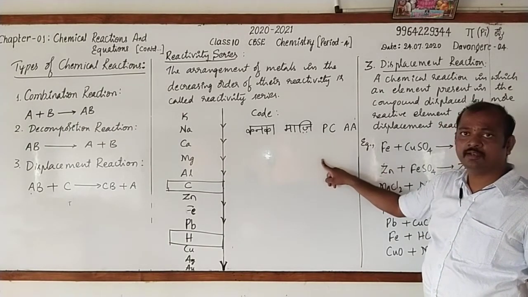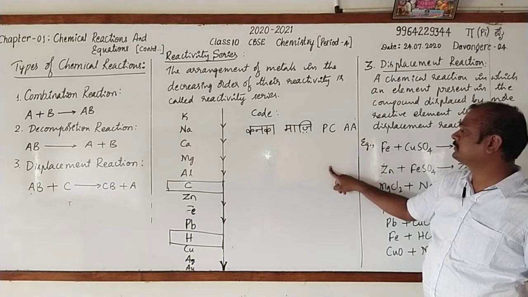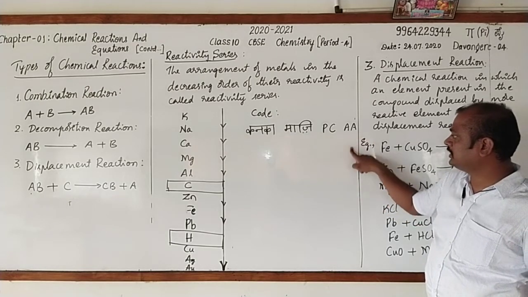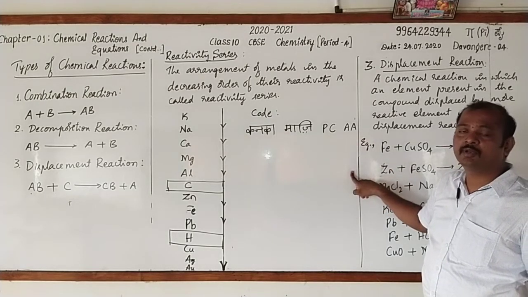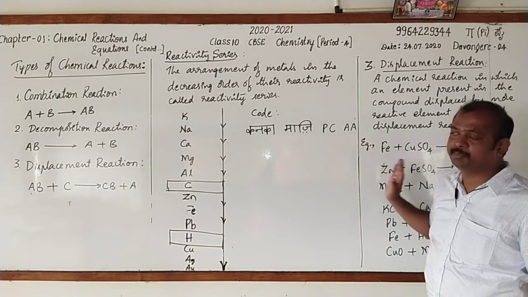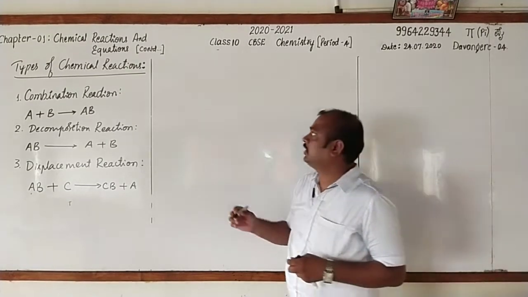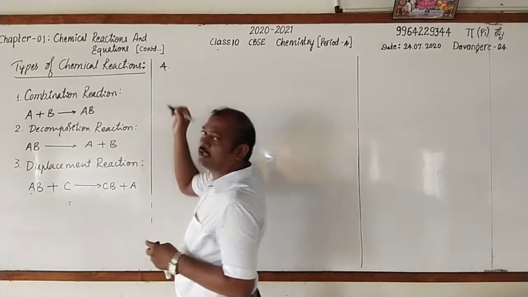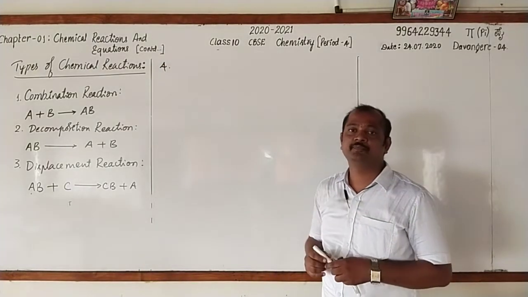Then P is lead and C is copper, and this is Ag and this is gold. Copy this. Now we are moving to the fourth type of chemical reaction.